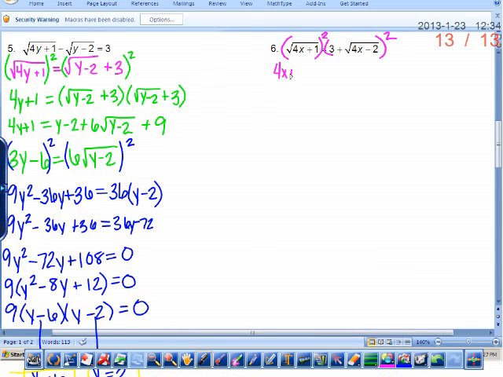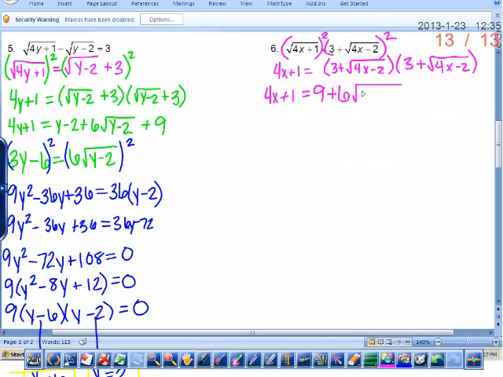So I get 4x plus 1 equals 3 plus the square root of 4x minus 2 times 3 plus the square root of 4x minus 2. So 4x plus 1 equals 3 times 3 is 9. I have 3 times my radical plus 3 times my radical, so that's 6 times my radical. And then what's the square root of 4x minus 2 times the square root of 4x minus 2?